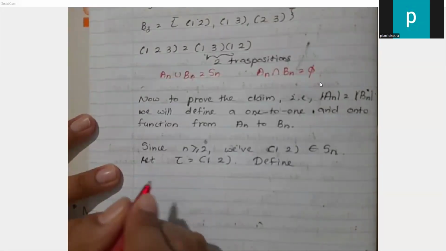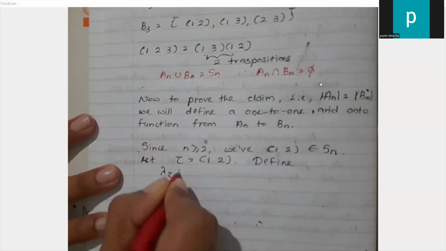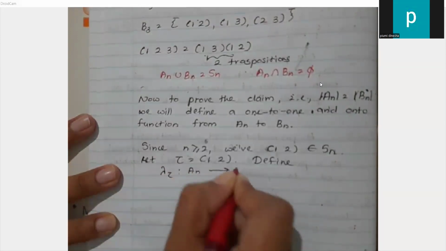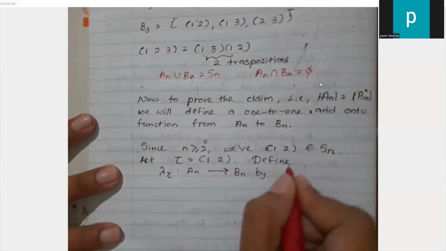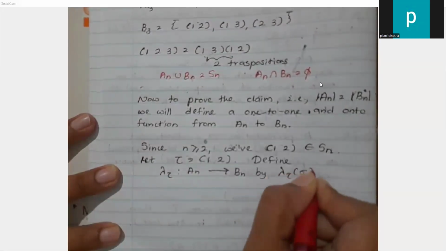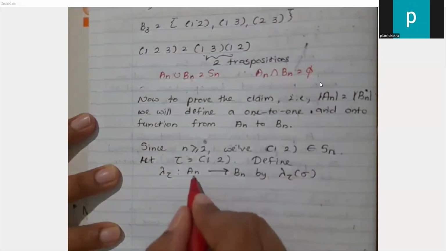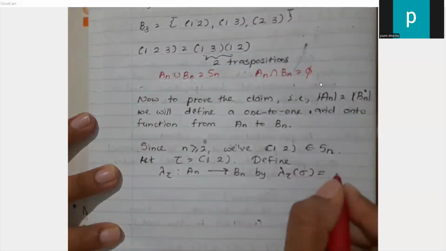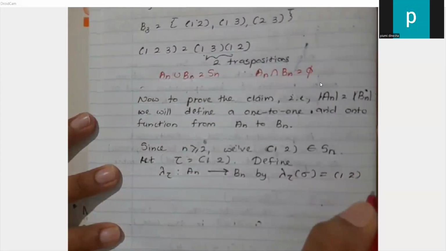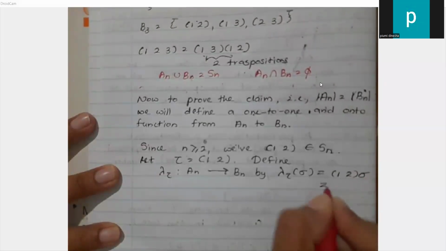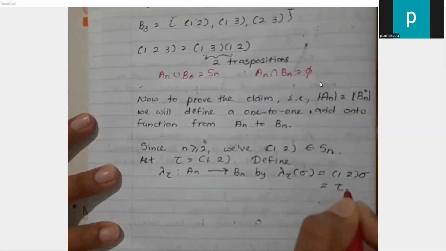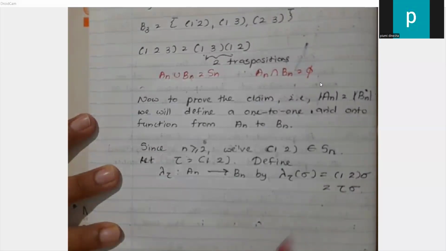Define lambda tau from An to Bn by lambda tau of sigma, where sigma is an even permutation, and this will be mapped to tau of sigma. Lambda sub tau of sigma will be mapped to tau sigma.